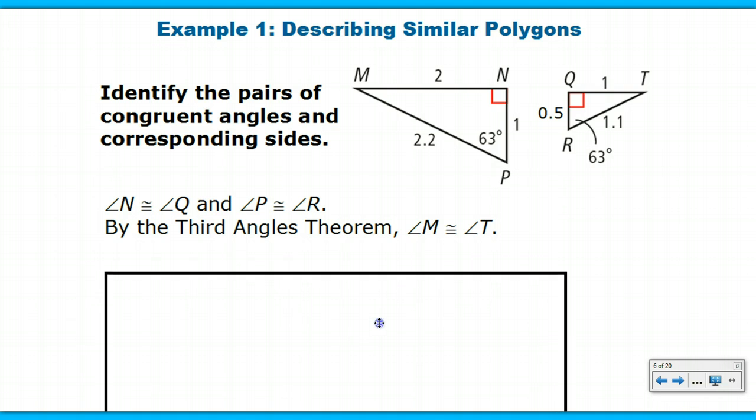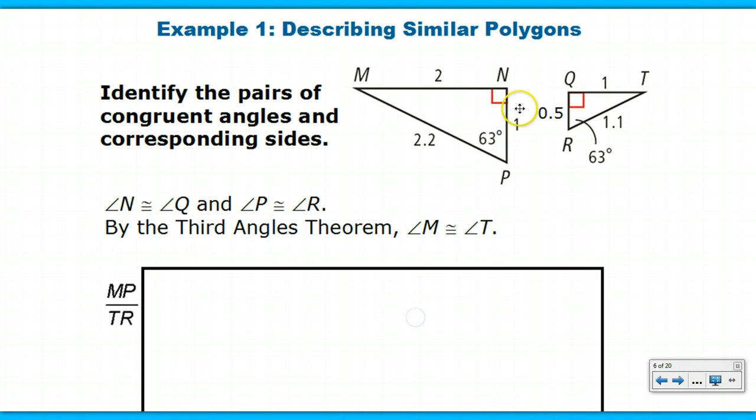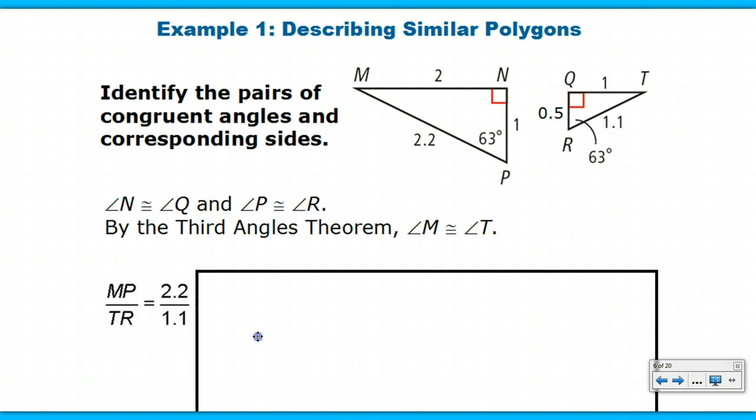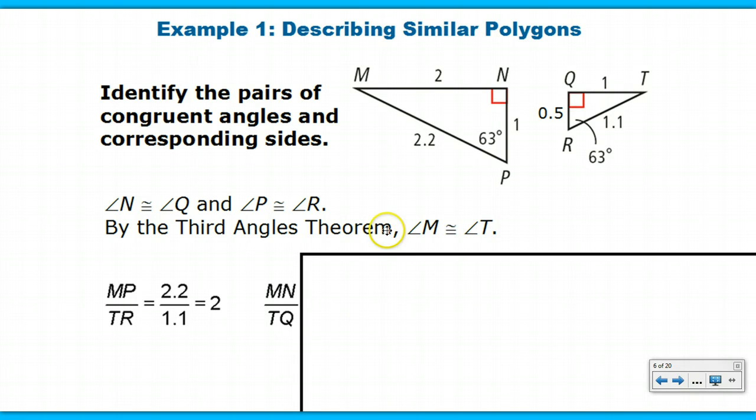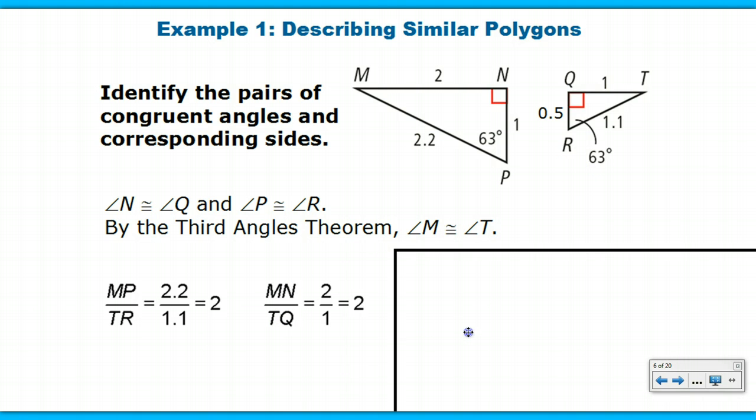So now we can say side MP is proportional to side RT or TR, right? Just as we can say that side MN, which is 2, is proportional to side TQ, which is 1. And 2/1 is also 2, right?